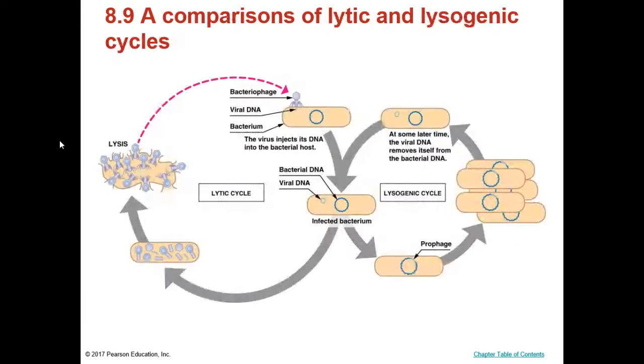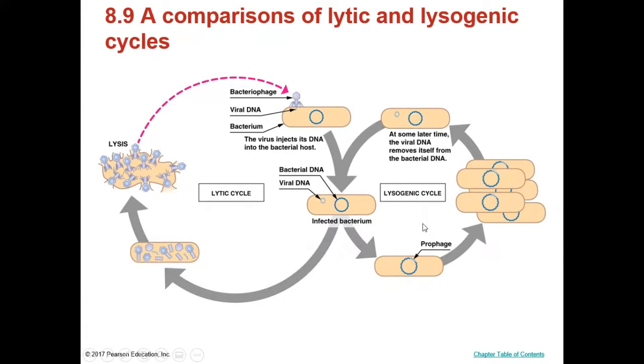So once they manage to do that, they're going to go through two life cycles. One's called the lytic cycle, the other one's called the lysogenic cycle. The lytic cycle is a quick type of reproduction, which allows viruses, as soon as they dock onto the host cell, to make a lot of copies of themselves within days, within weeks, if you will.